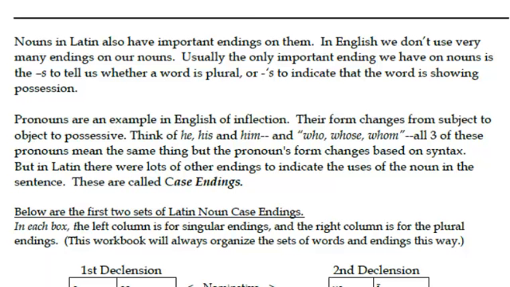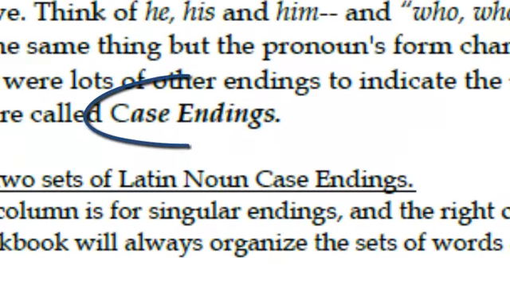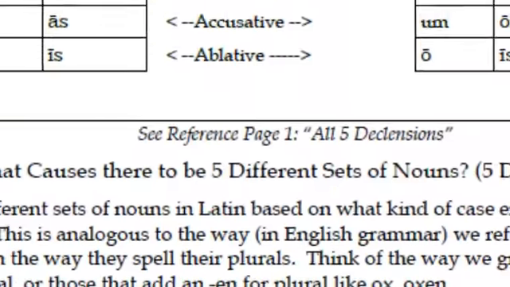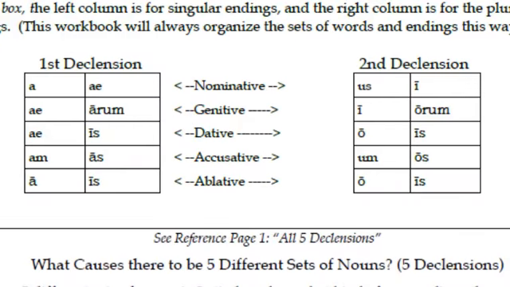In Latin, there were lots of other endings to indicate the uses of the noun in a sentence, because the syntax in Latin is not dependent on word order, but on case endings. So these various endings are called case endings for nouns, because they tell what role that noun has in the sentence. Below you see the first two sets of Latin noun case endings.